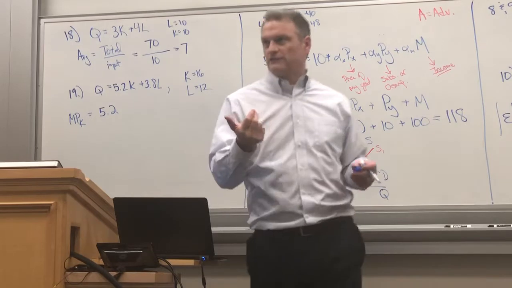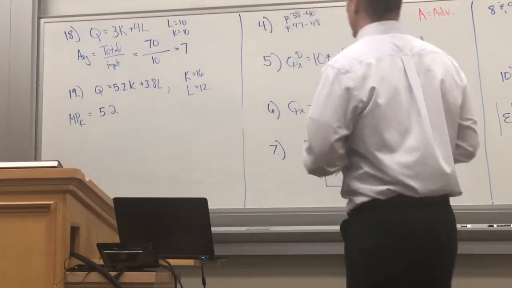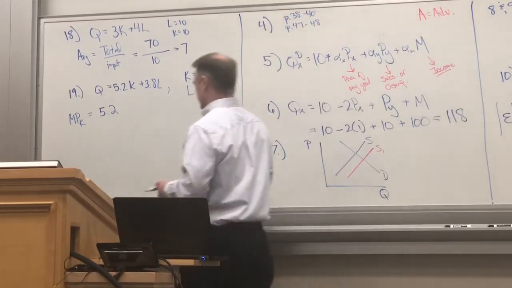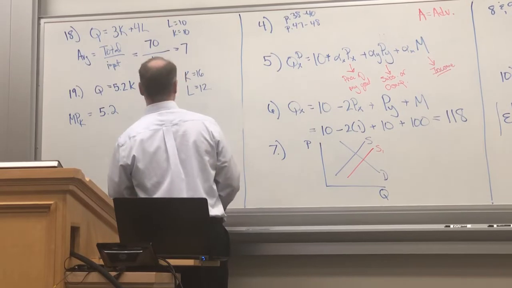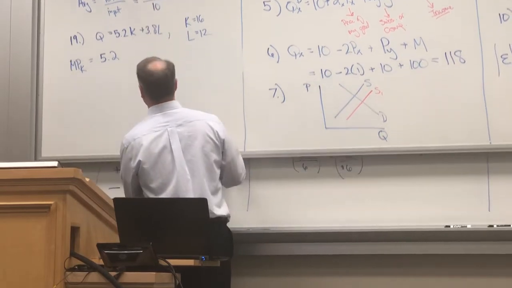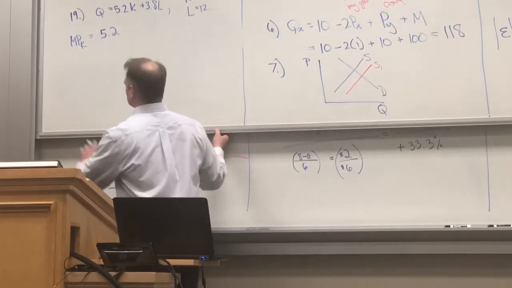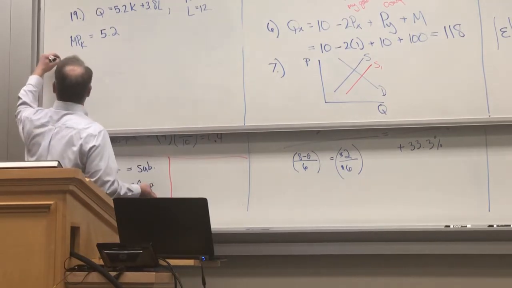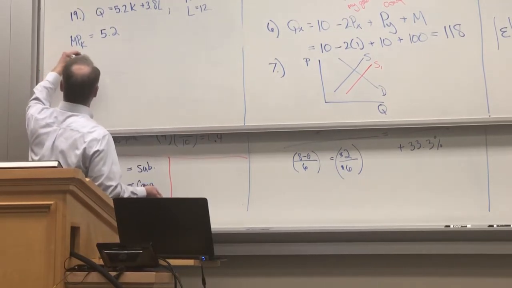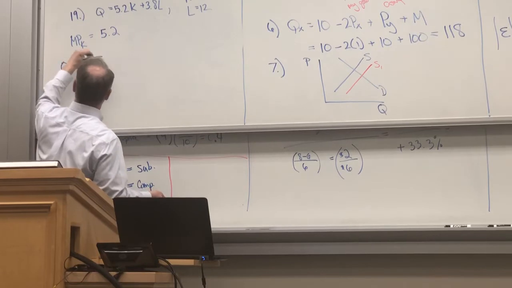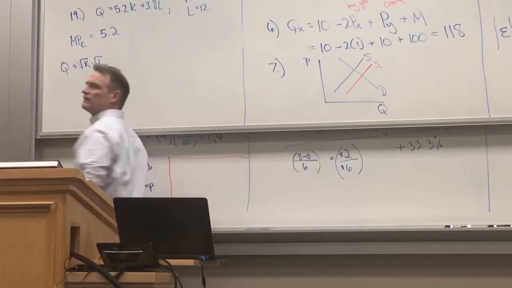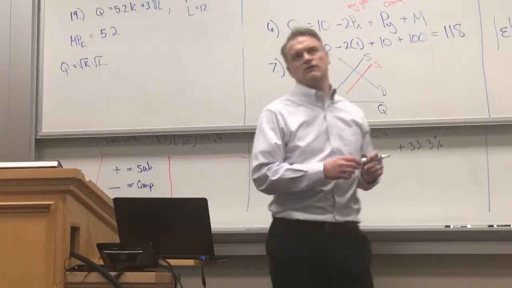Where it would matter, where I'll give you a second to work with your neighbor, is let's go to our example here of what if I did it with a Cobb-Douglas function where I've got square root of K times square root of L, right?